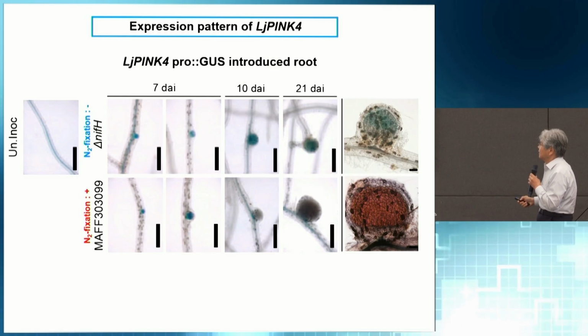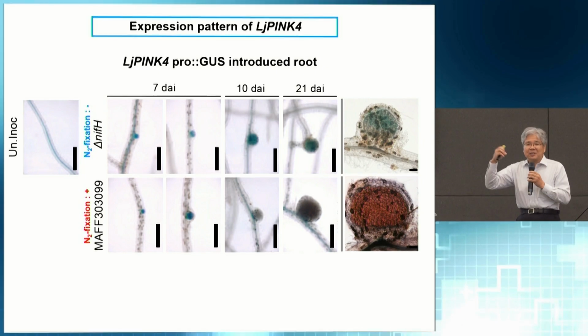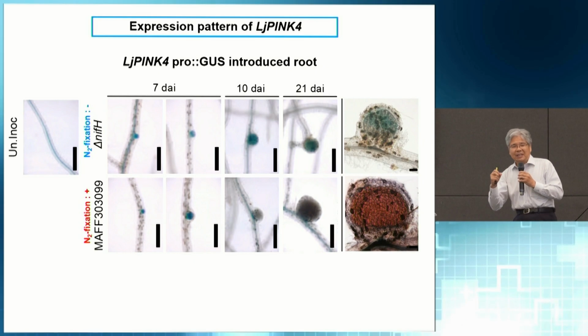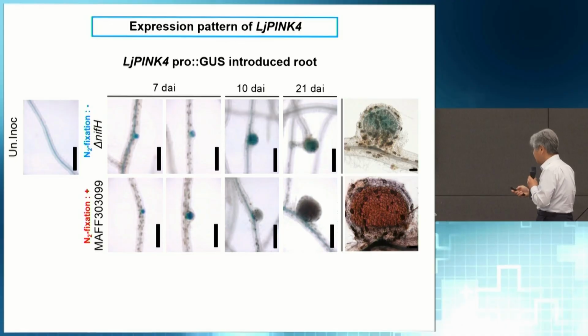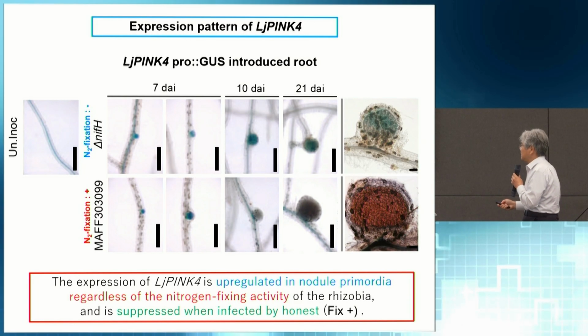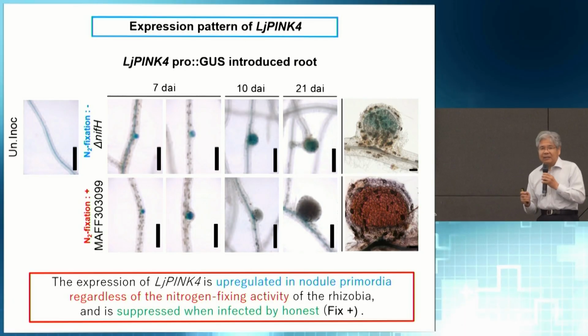So the expression of this gene was upregulated with both cheating bacteria and functional bacteria in the nodule primordia, before the bacteria were released into the nodule cell. Then when it was functional, this expression was reduced, suppressed. So this was upregulated regardless of nitrogen fixation ability and is suppressed when infected by the functional cell.